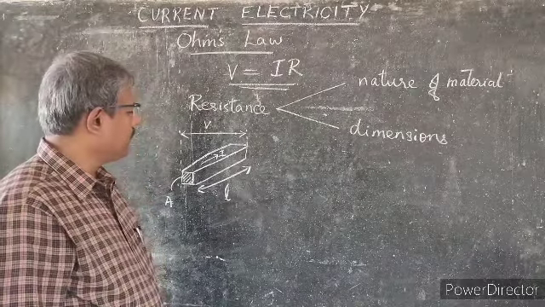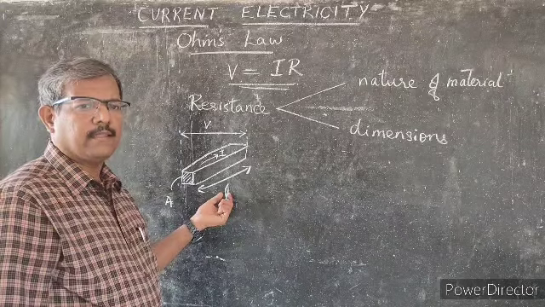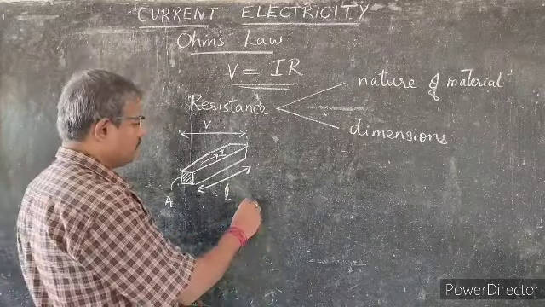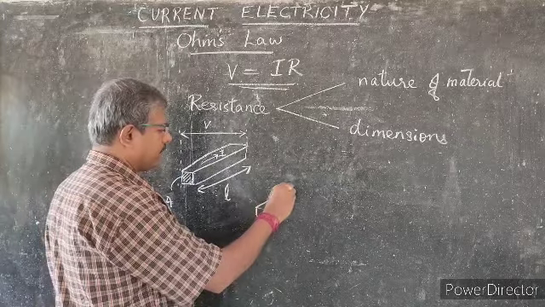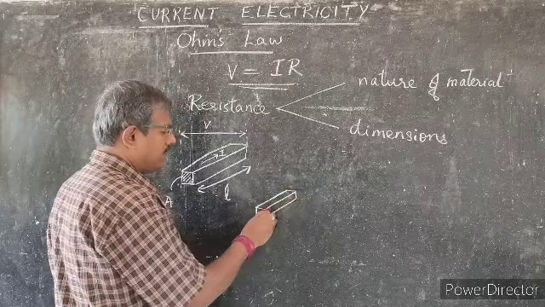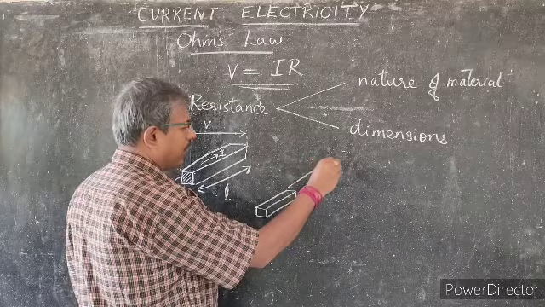Suppose I decide to increase the length and make it exactly double. So what I do is I take two such conductors, each of length L, and then join them end to end.